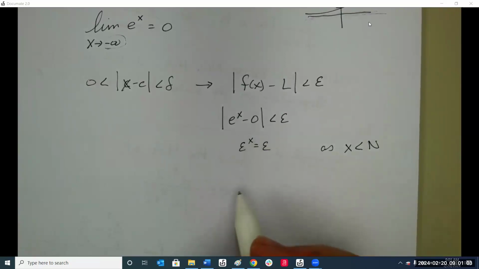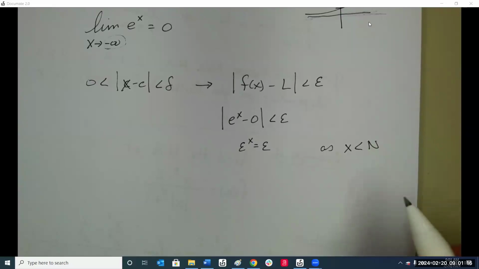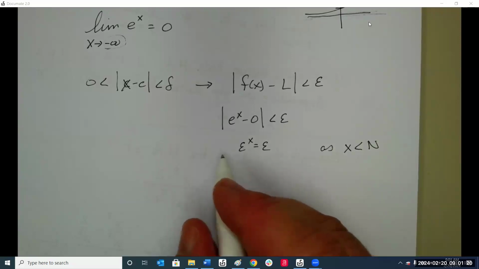So how do we get x by itself? Because remember, we have to solve for x. Log base what? ln.